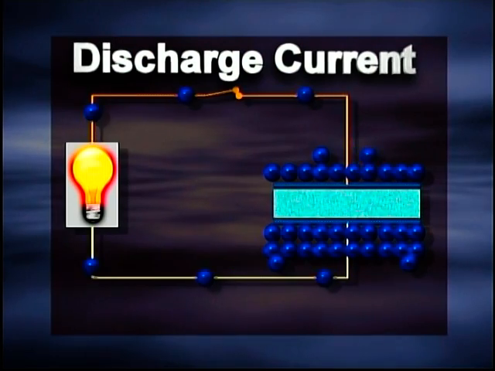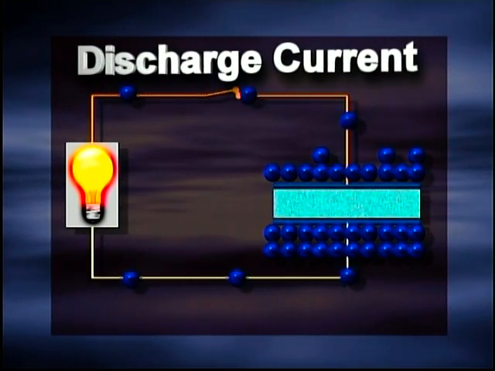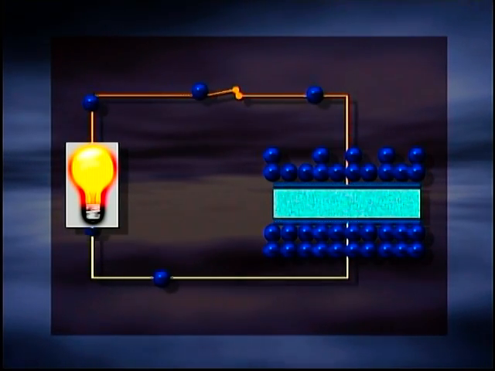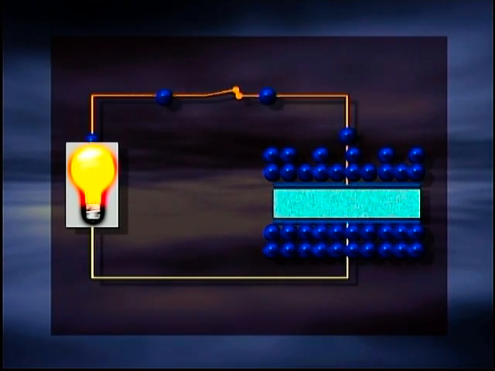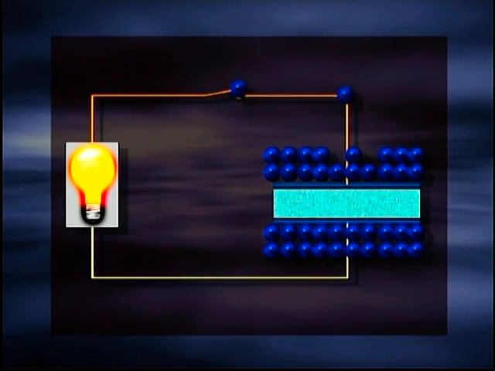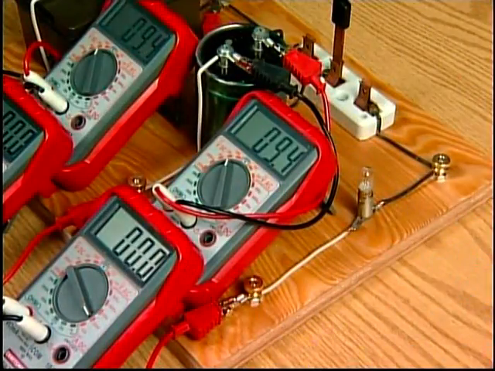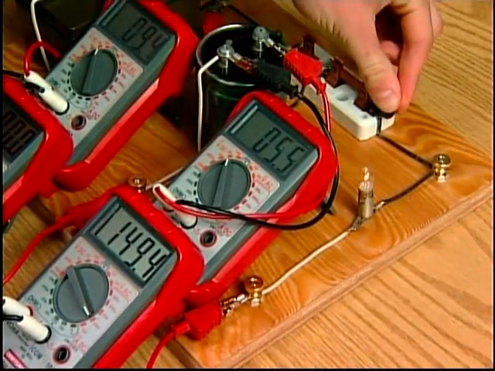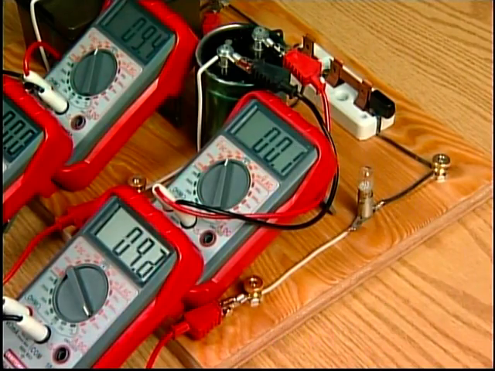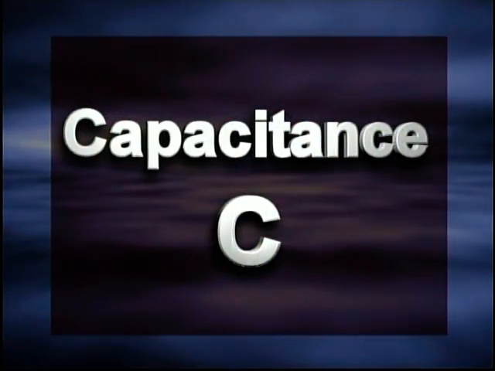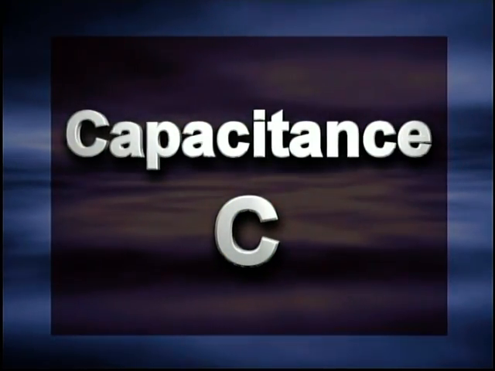This electron flow is known as the discharge current. When all the surplus electrons have moved from the negative charged plate to the positive charged one, both plates become electrically neutral. The capacitor is fully discharged when there is no charge stored in the capacitor and the voltage across its terminals is zero. The symbol for capacitance is a capital letter C.